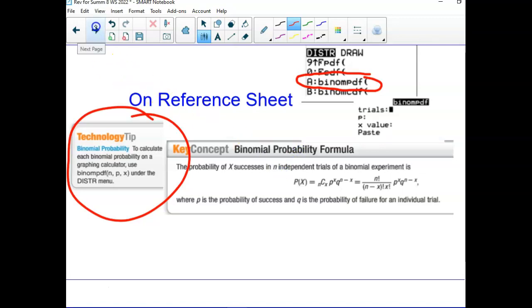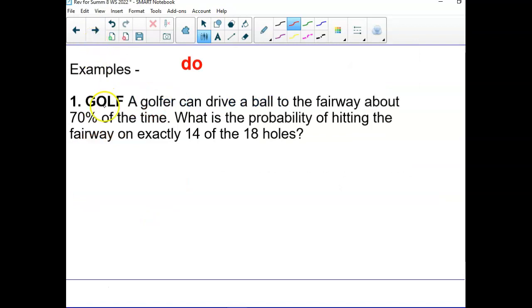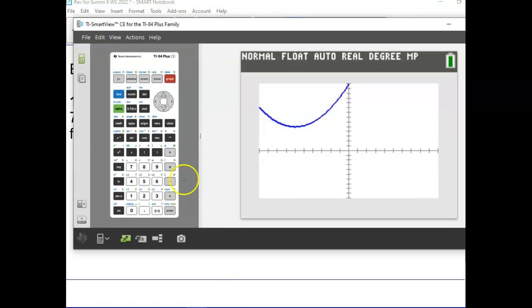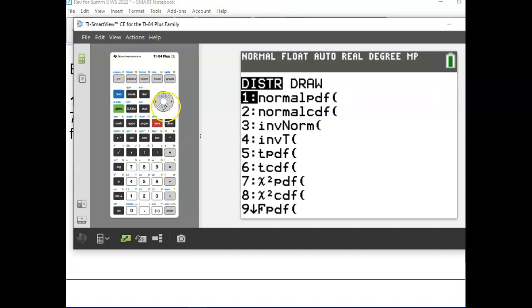So first of all, I'm just going to do this question about golf. Everybody find this one? A golfer can drive a ball to the fairway about 70% of the time. What is the probability of hitting the fairway on exactly 14 of 18 holes? That's the PDF part. All right, so it is under VARS, second VARS.